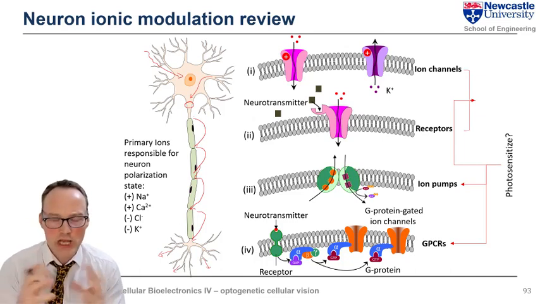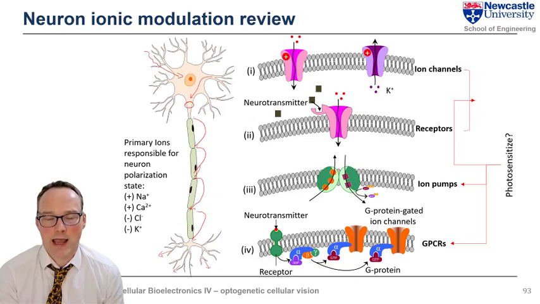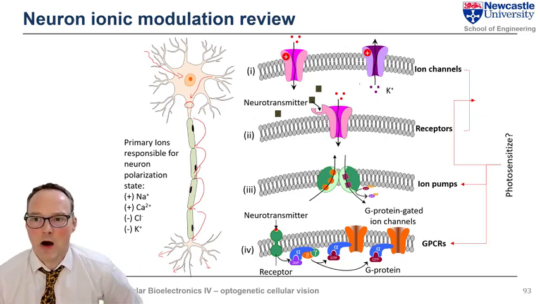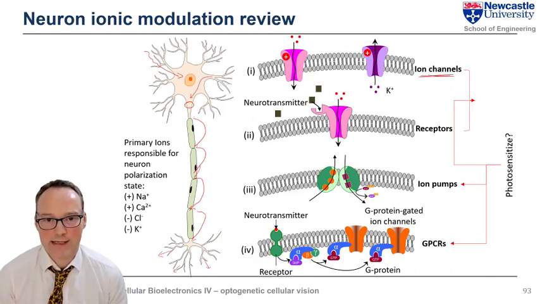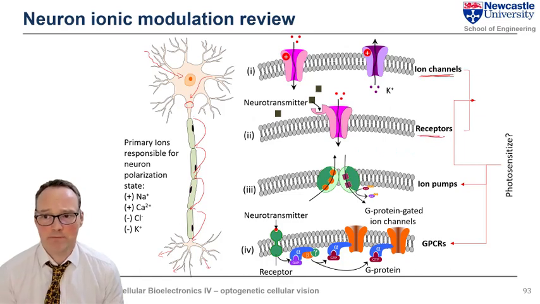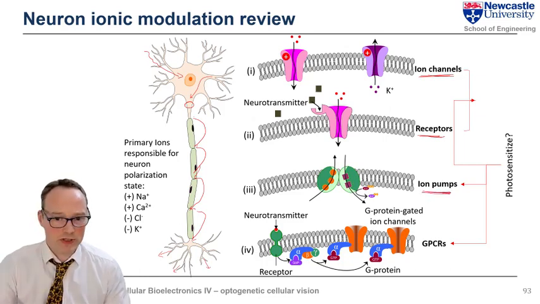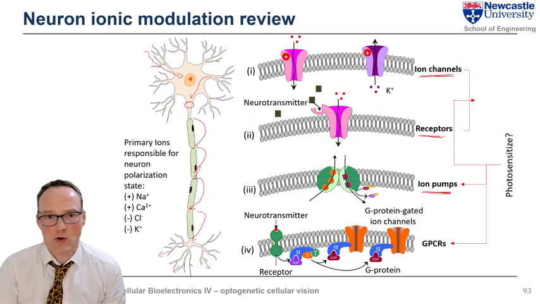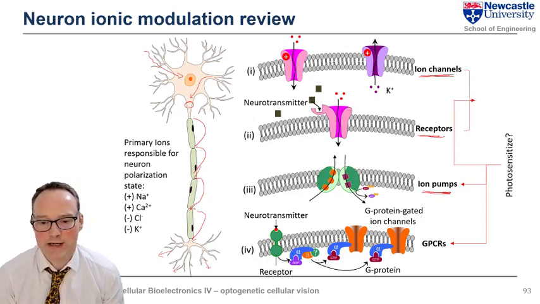Now, the basic machinery for these kinds of activities are ion channels, which are electrically gated channels, or we can have receptors, which are basically the same thing. They are ion channels, but they are chemically gated. We can have pumps, which are there to pump out sodium, pump in potassium, and basically regulate the polarization state of the cell.